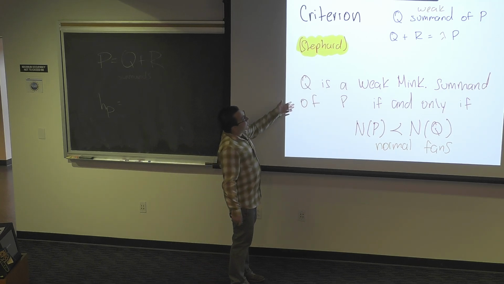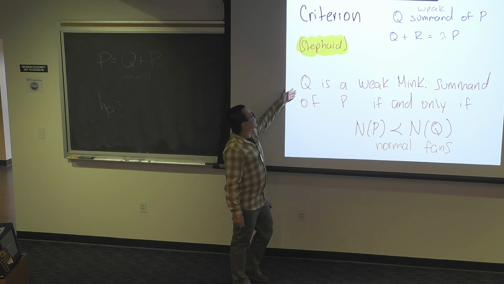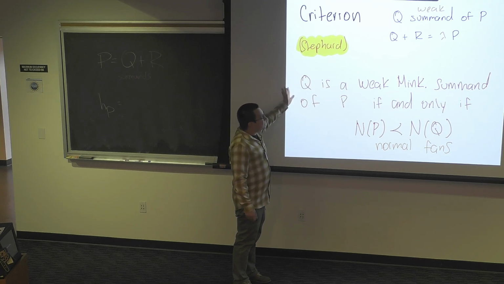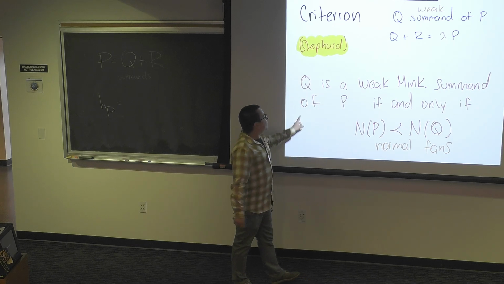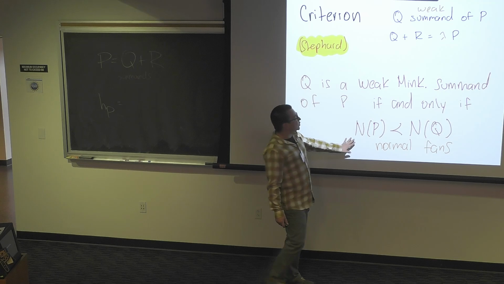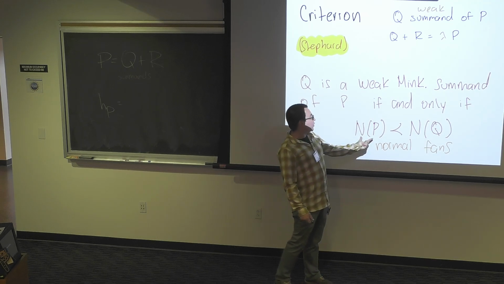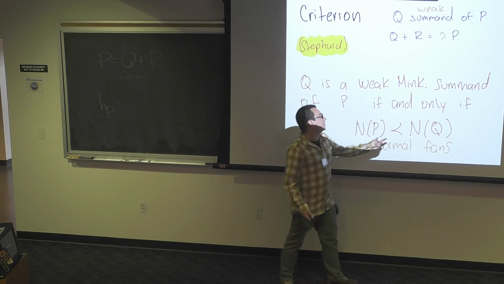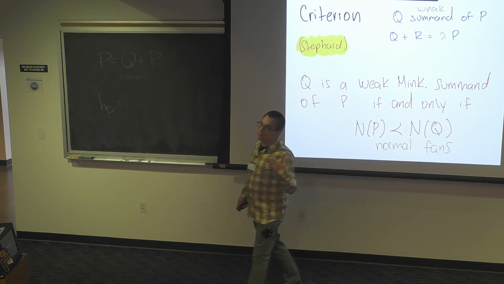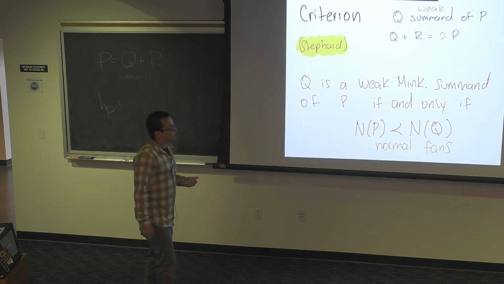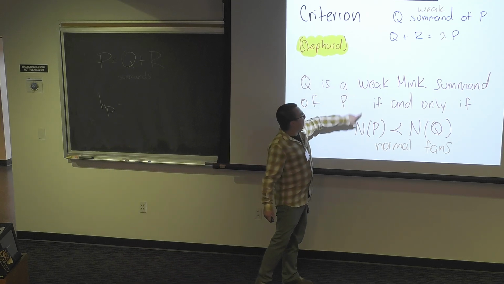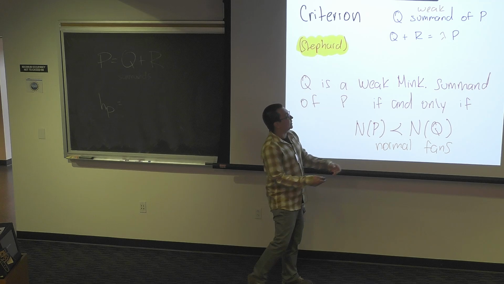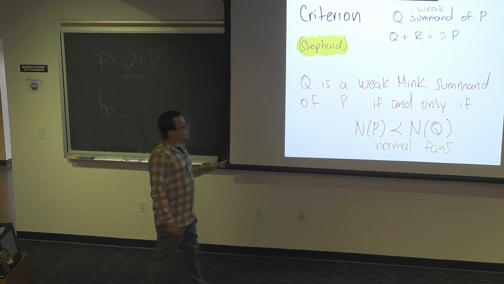And the theorem, which doesn't say this but is equivalent to this, says that Q is a weak Minkowski summand of P if and only if, looking at the normal fans of P and Q, the normal fan of P is finer than the normal fan of Q, or people say the normal fan of Q is a coarsening of the normal fan of P. This really needs weak, because the normal fan doesn't know anything about the size of the polytope. So there is an answer to this.